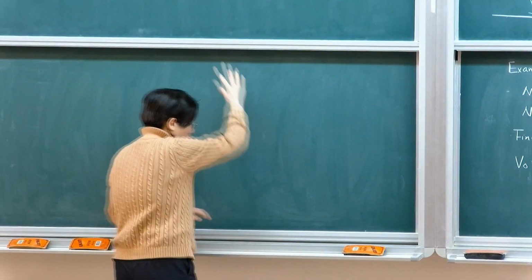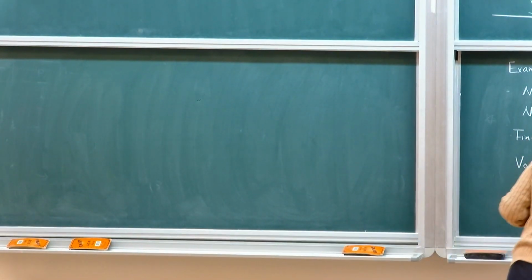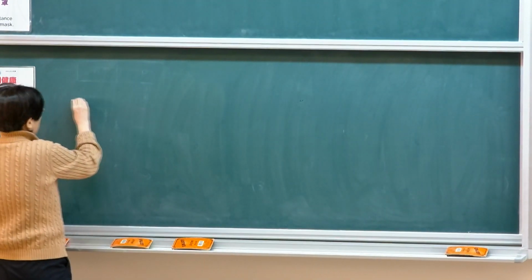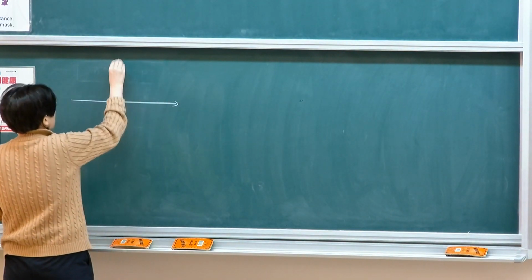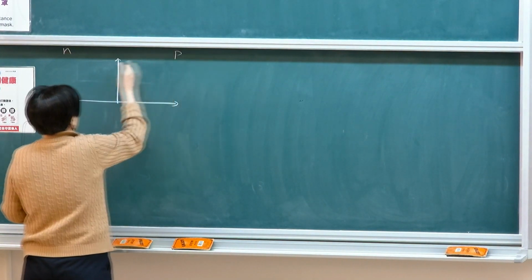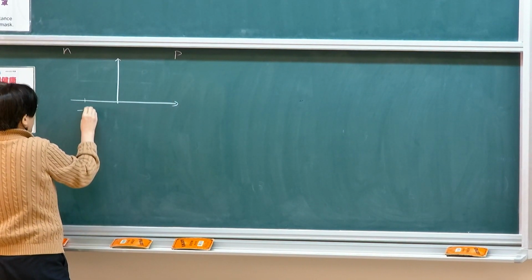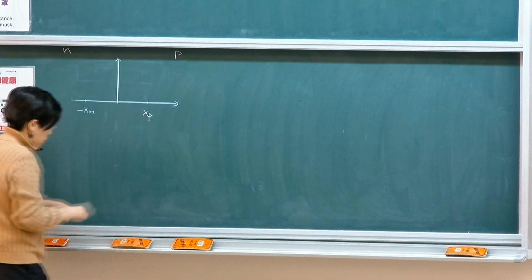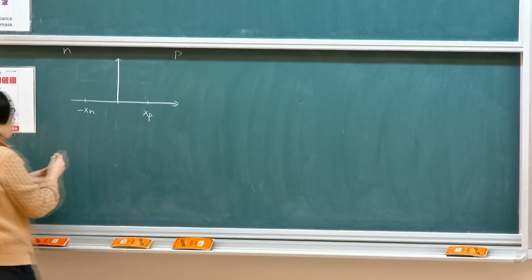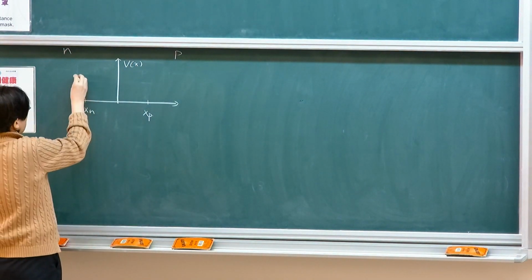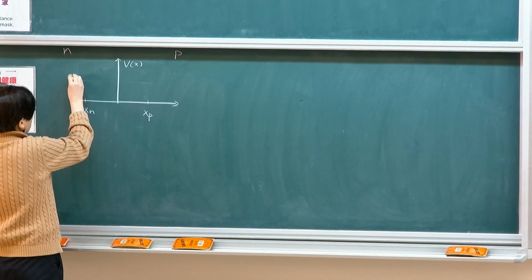So if you think about it, I'm starting with a natural barrier. Still N on this side, P on this side. This will be my Xn, and this will be my Xp. If I'm drawing V as a function of X, it will look something like this, right?